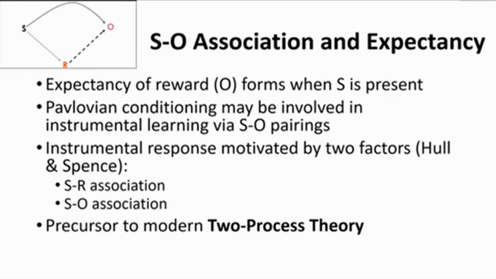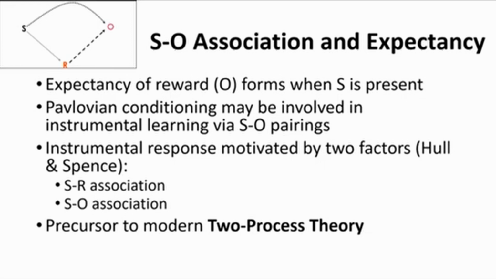So with our bird in the operant box example, the stimulus of the red light makes them expect that this red light stimulus is associated with food. So I can get food, there's the opportunity to get food because this stimulus is present.